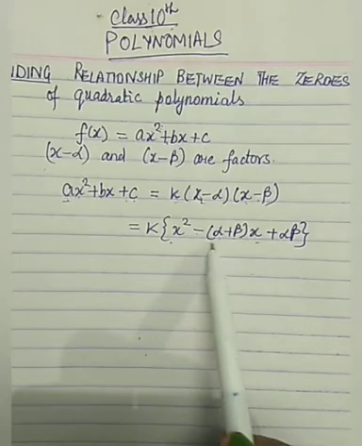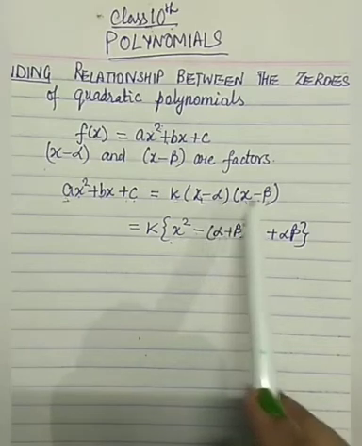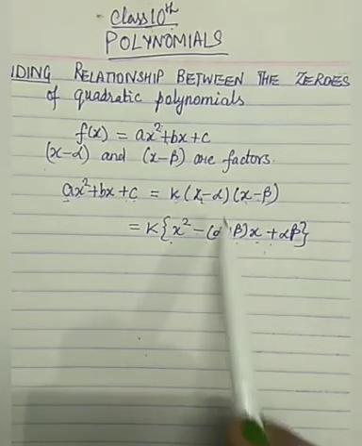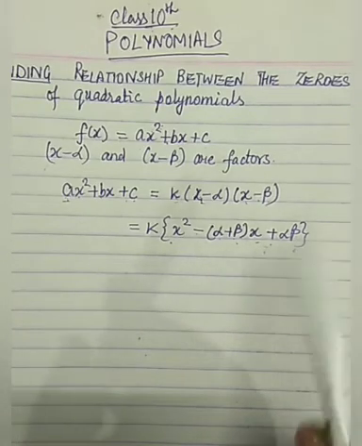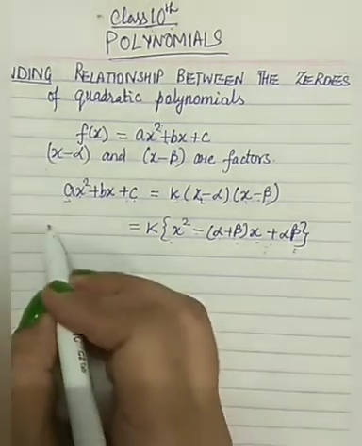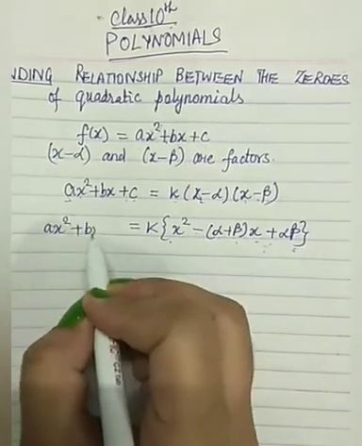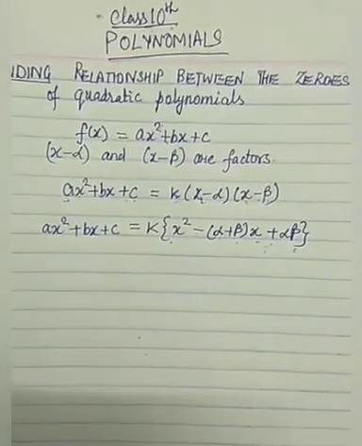The coefficient of x is alpha plus beta. Then the last product is alpha into beta, minus minus gives you plus. After expanding, we get this expression. This is the same quadratic polynomial, ax square plus bx plus c, because this is just the factorized form I have taken.